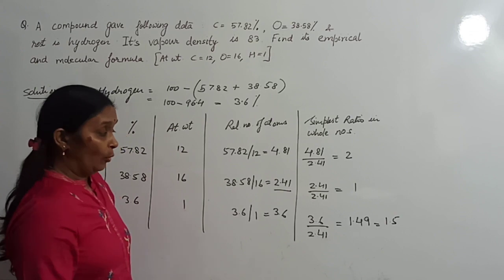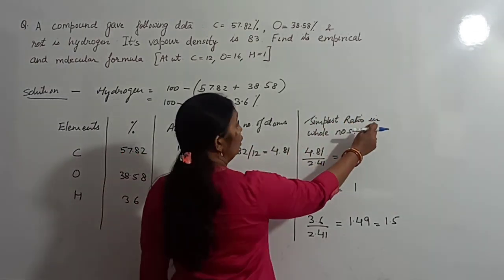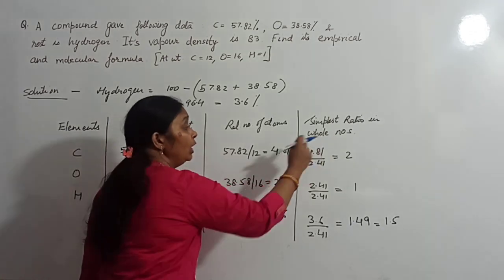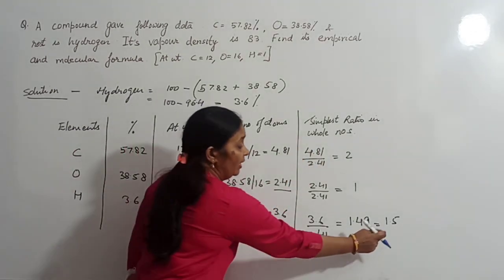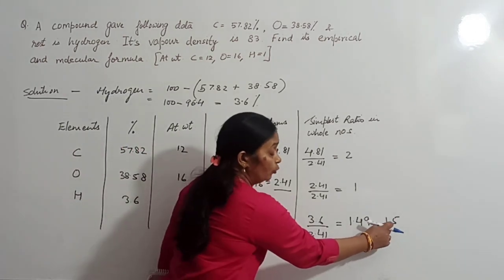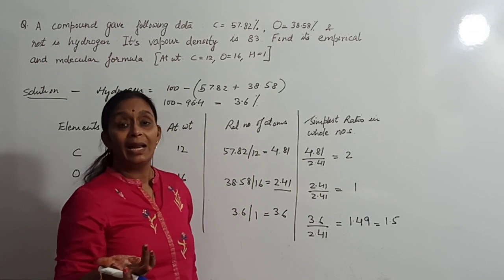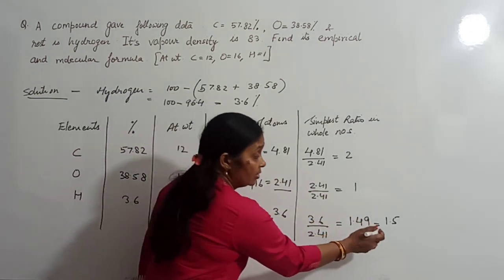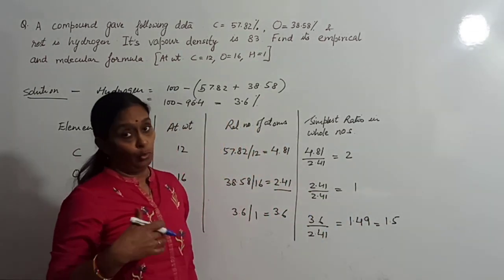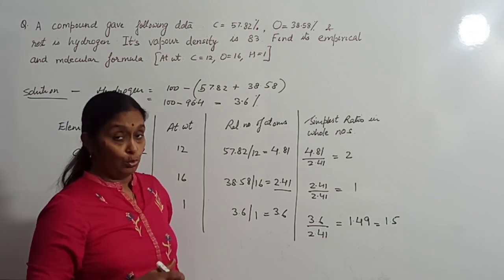But one thing which you will find here, you have to calculate the simplest ratio of number of atoms in whole numbers, while 1.5 is not a whole number. And after the decimal, if it would have been 1 or 2 or 3, then you could have neglected it. But after the decimal it is 0.5, that you cannot neglect. You have to consider it. Now what are you going to do?